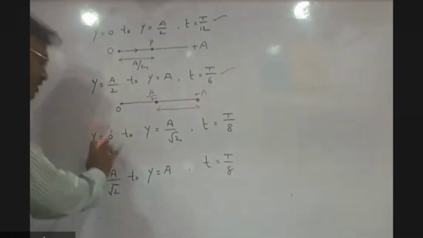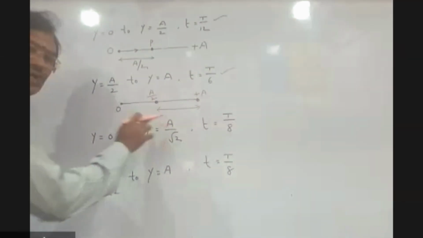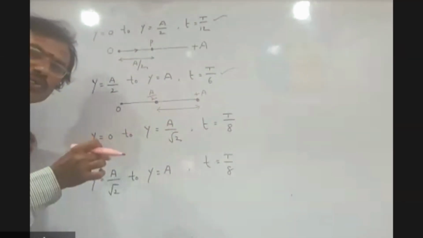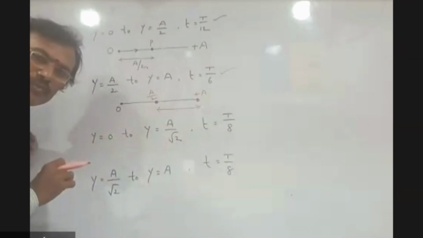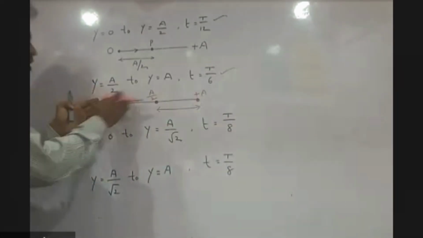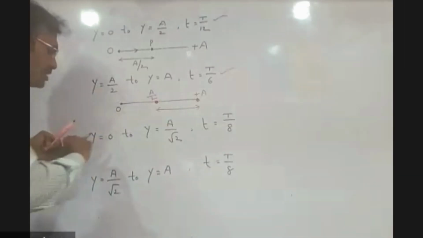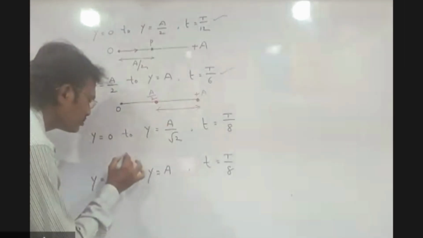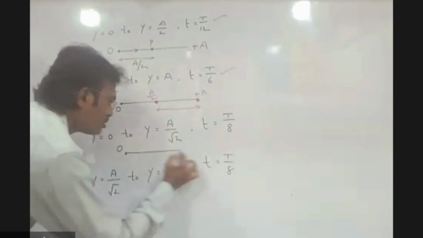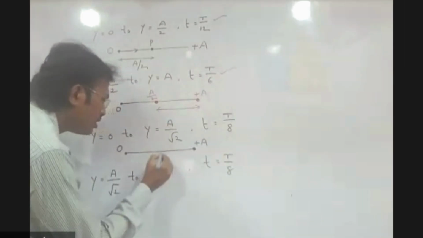Next, y is equal to 0 to y is equal to a by root 2. A is the amplitude, so 1 by root 2 times a, some distance in between 0 and a by 2. This is the mean position, and this is the extreme position plus a.